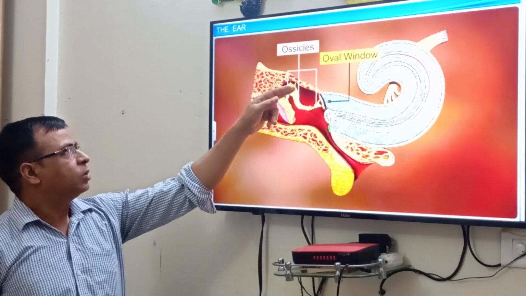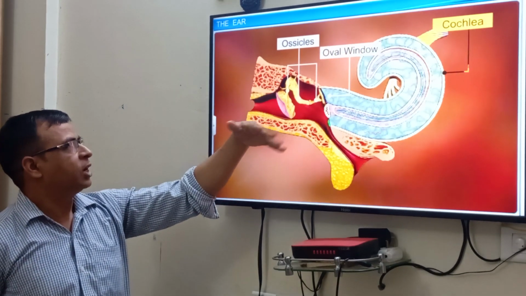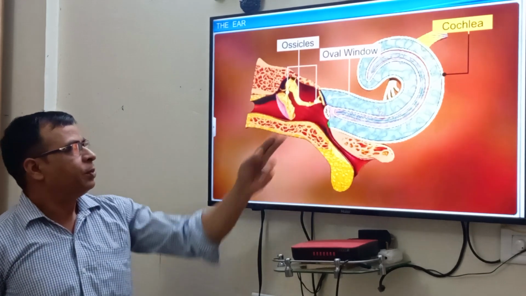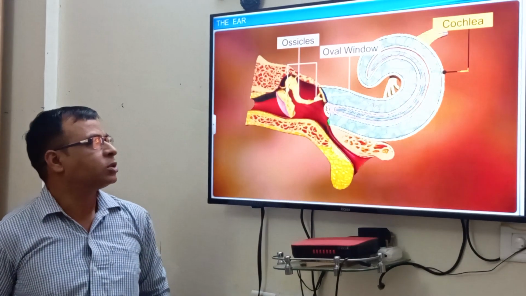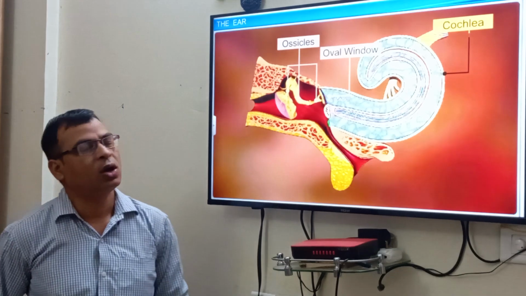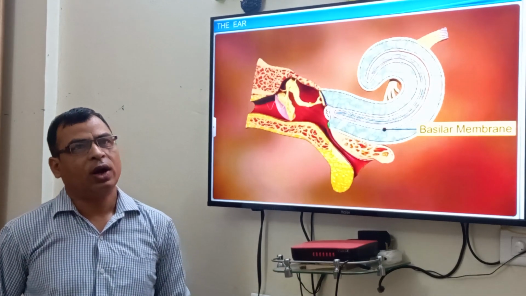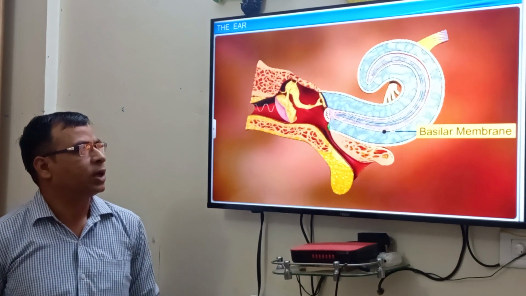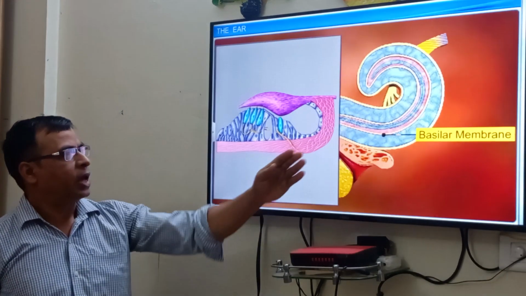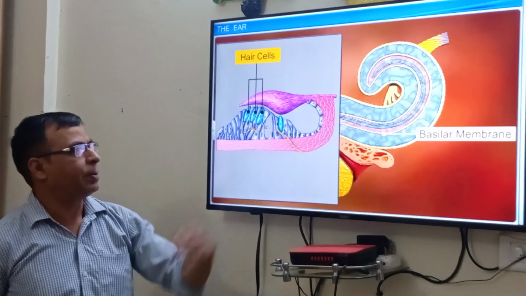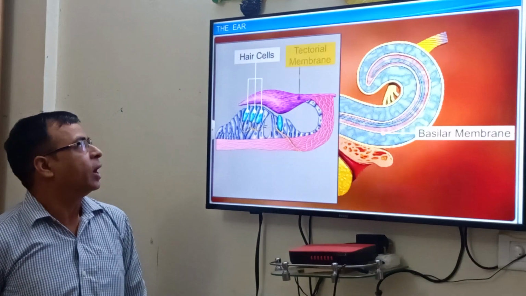The sound waves through the oval window go to the cochlear fluid, where vibration is created again, and vibration is created in the basilar membrane of the cochlea.